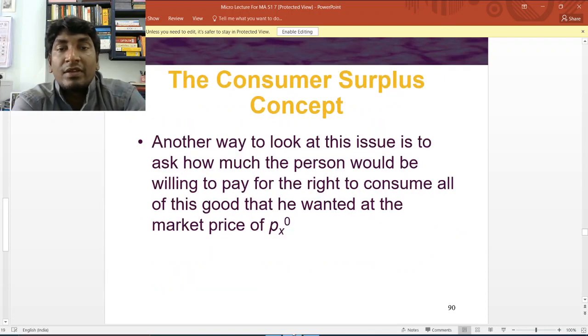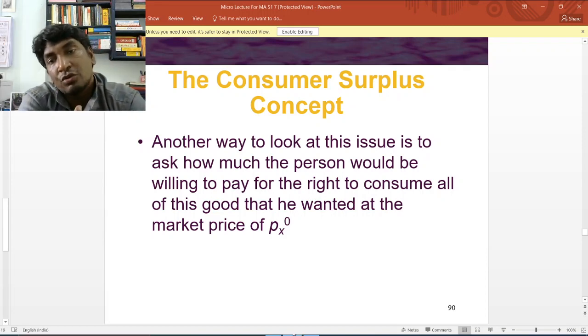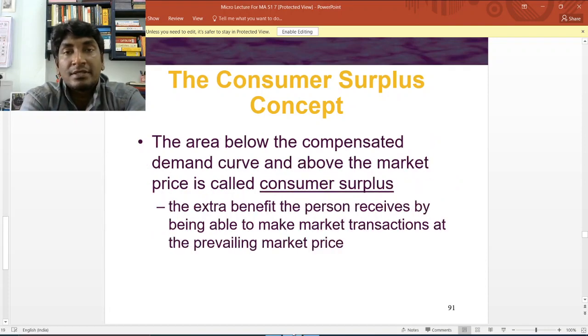Another way of looking at the problem is to ask how much the person would be willing to pay for the right to consume all of these goods that he wanted at the market price Px0. Now the area below the compensated demand curve and above the market price is called the consumer surplus.